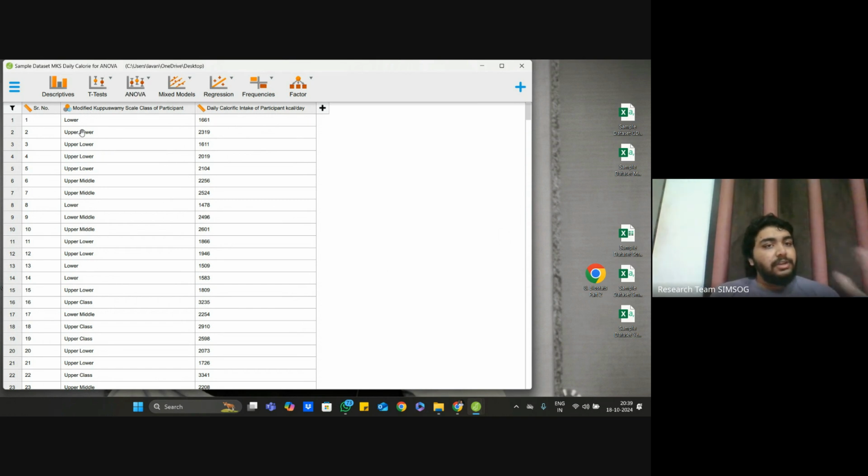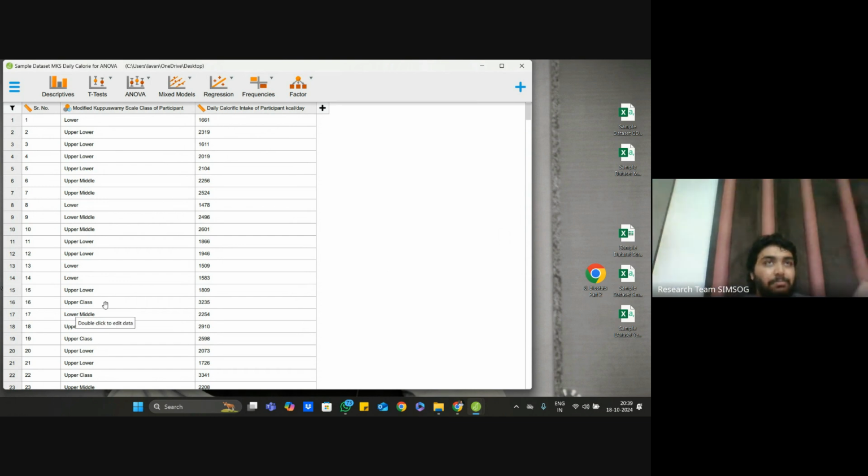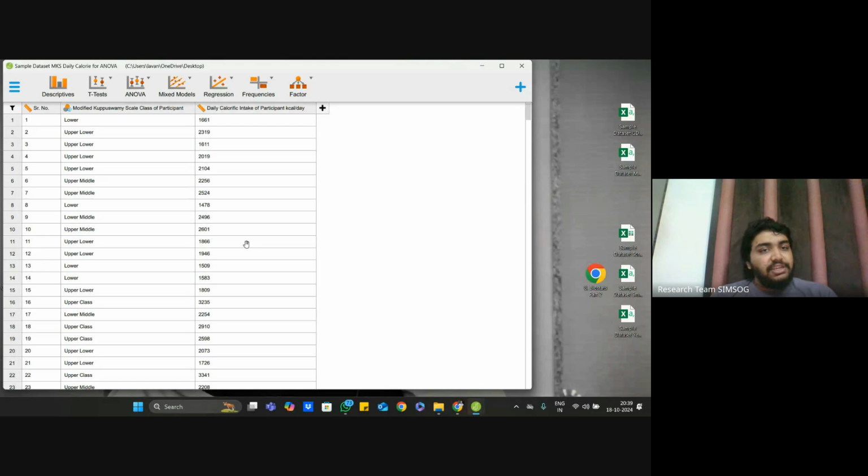Because Kuppuswamy gives you 5 classes, so those are the 5 classes which I found out. After doing the preliminary scoring of the Kuppuswamy scale, I found out the classes, and I have the data of the calorific intake. Now I want to see whether there is an association.